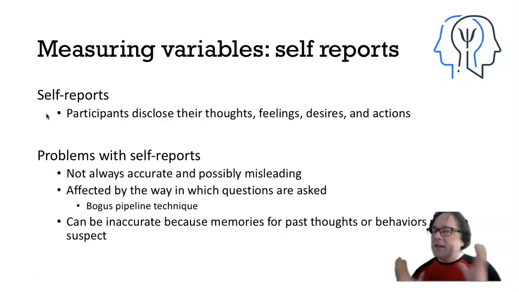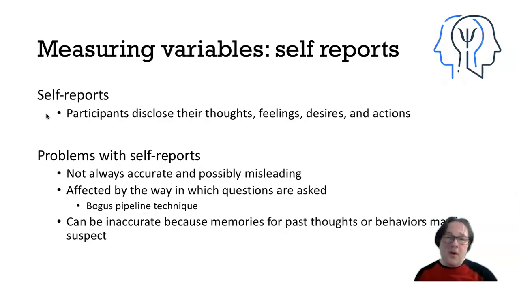There's an entire science devoted to survey development and questionnaire development, because the way you ask a question, even the order in which you ask questions, can all affect how people respond to those questions. So as I said, they could be affected by the way in which questions are asked.